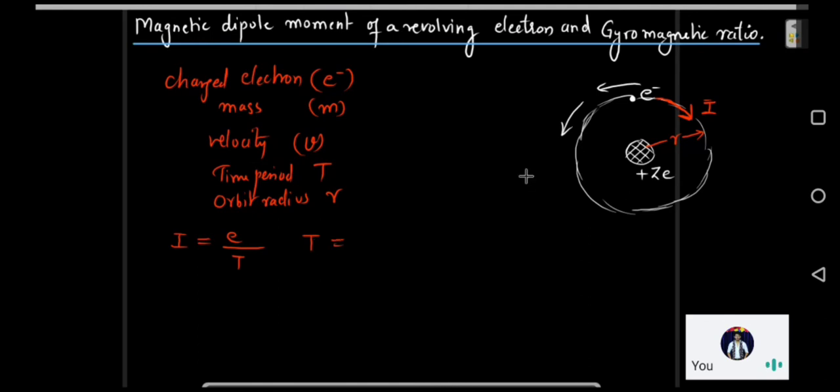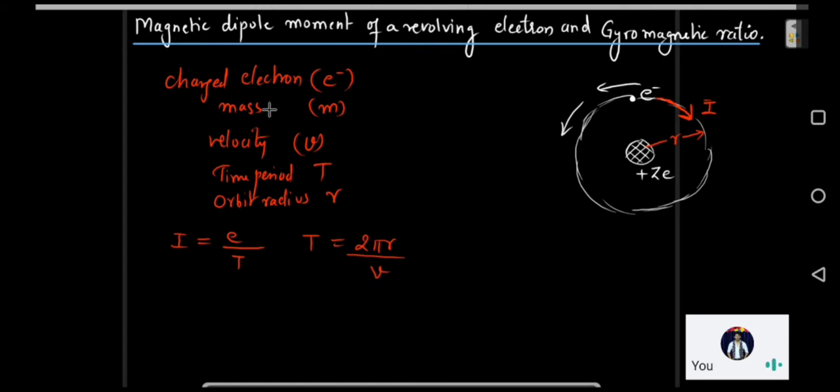Time period is nothing but the total distance covered divided by the speed. The total distance covered is the circumference of this orbit, that is 2 pi r. Using the formula, speed is equal to distance upon time, so time will be equal to distance upon speed. So distance is 2 pi r, speed I have taken as v over here. So I get the time period as 2 pi r upon v.